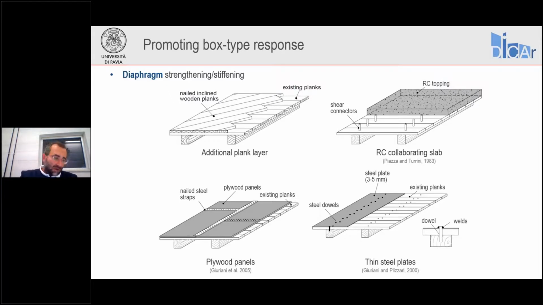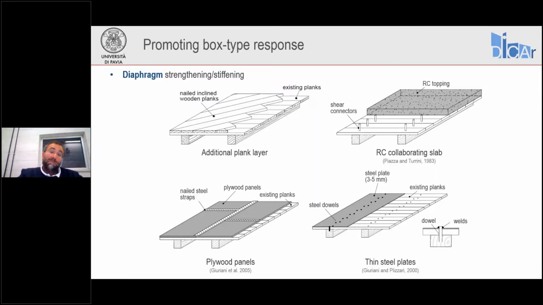Here I'm basically focusing on timber diaphragms, but some of the solutions, the ones relying on concrete topping, can be adopted also when we have existing reinforced concrete floors or say steel purlins with masonry flat arches, steel purlins with other masonry tiles. In all these cases, the intervention with concrete topping can be adopted. The other ones are appropriate for timber diaphragms, which are more common in historical construction.